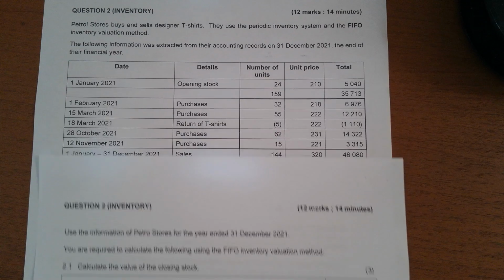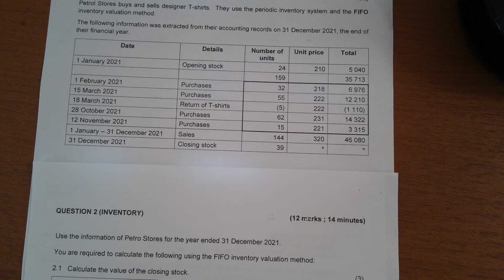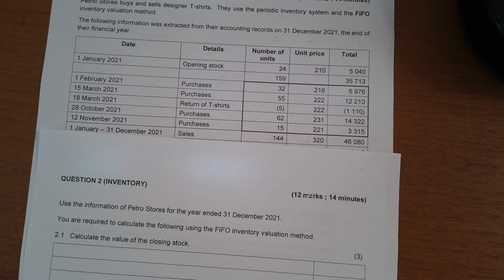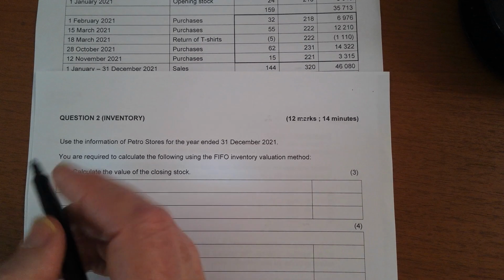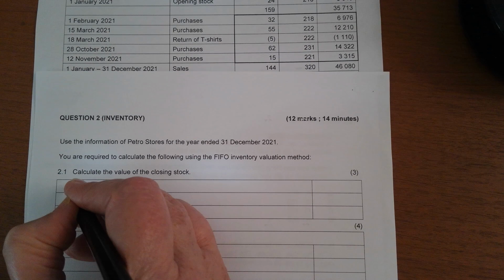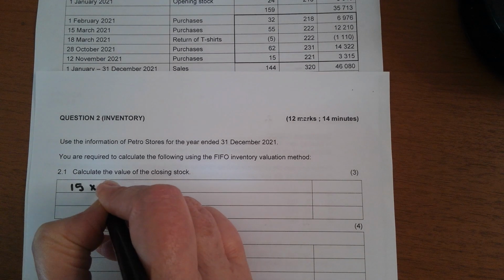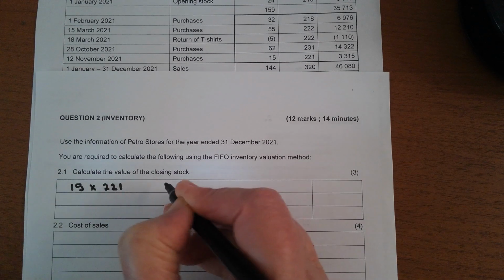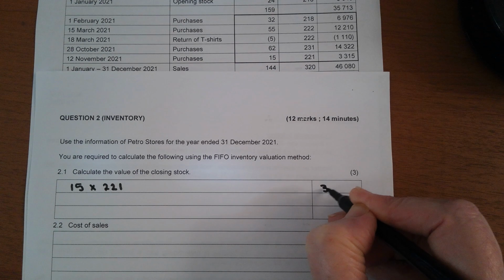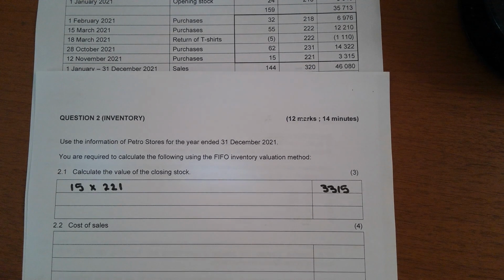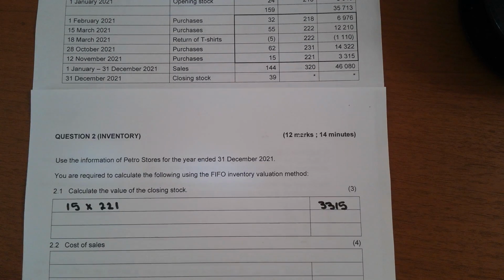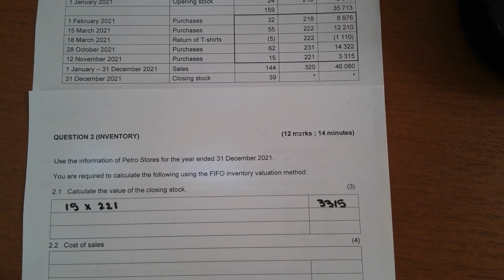So I will start and I will say that the 15 units that we purchased at 221 will still be in my stock. And that will give me 3,315.